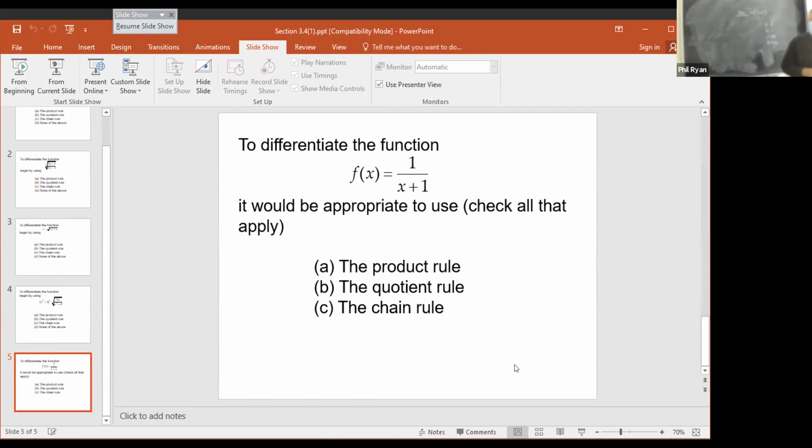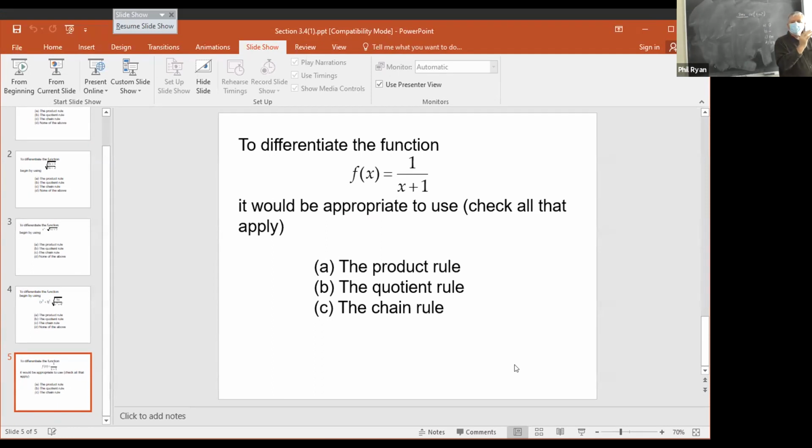Is there another rule you could use? Yep, because it could be a quotient, right? Because we've got a low divided by a high, but it's also a chain rule because it's x plus 1 to the power minus 1.